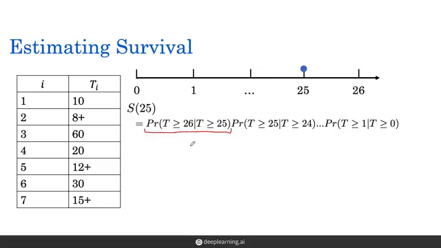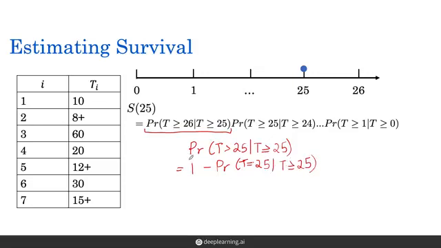We can write this down as the probability that this person has their event after 25, given that they had their event at or after 25. Now notice that this is simply 1 minus the probability that the event happened exactly at time 25 months, given it happened at or after 25 months.